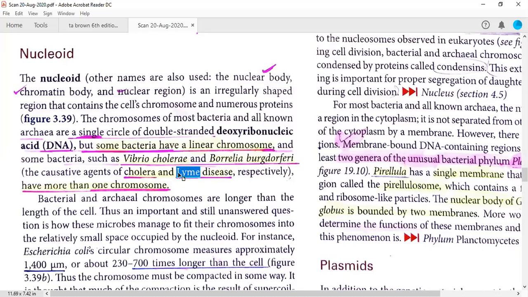Borrelia burgdorferi is present in ticks, and when ticks bite and attach over humans, they cause this Lyme disease.